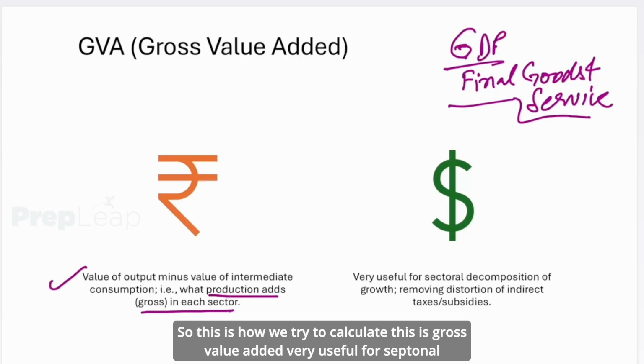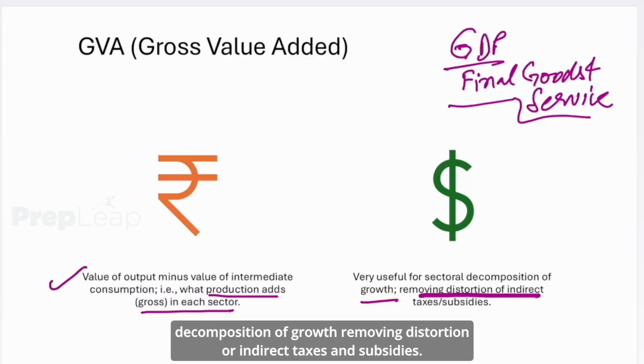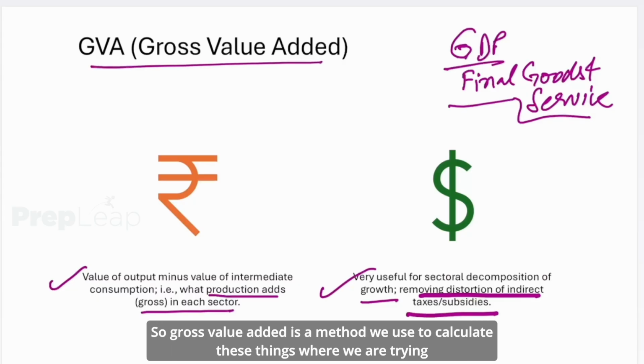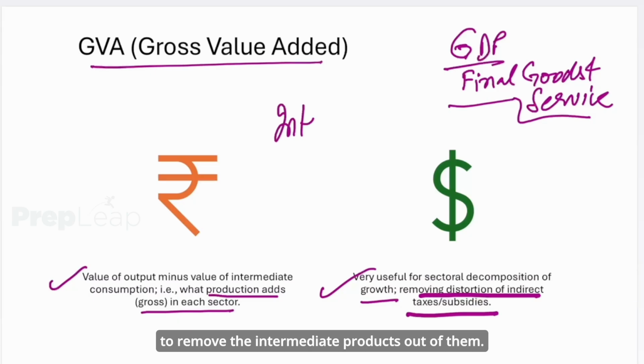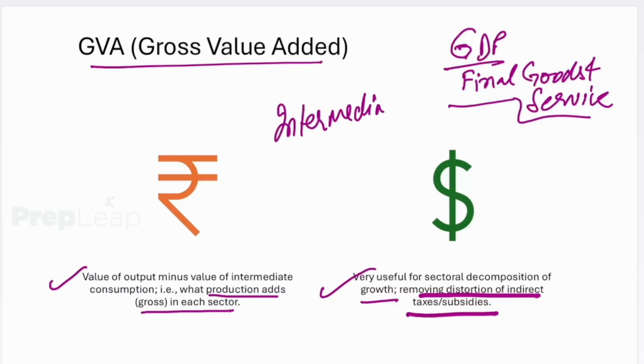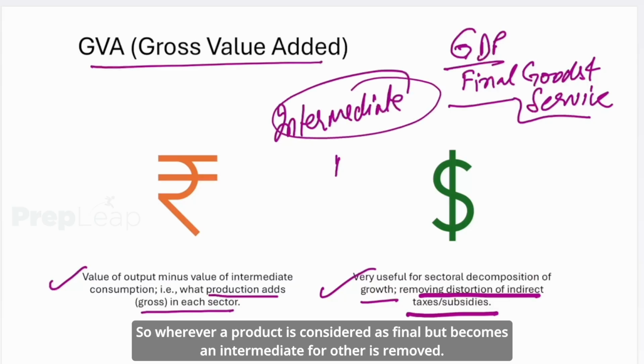This is how we calculate gross value added. Very useful for sectoral decomposition of growth, removing distortion of indirect taxes and subsidies. So gross value added is a method where we are trying to remove the intermediate products. So wherever a product is considered final but becomes an intermediate for another, it is removed.